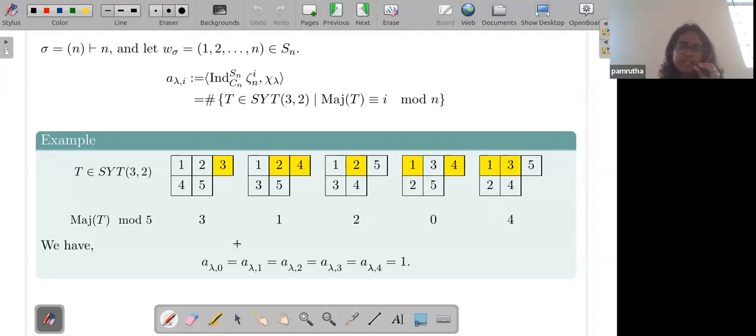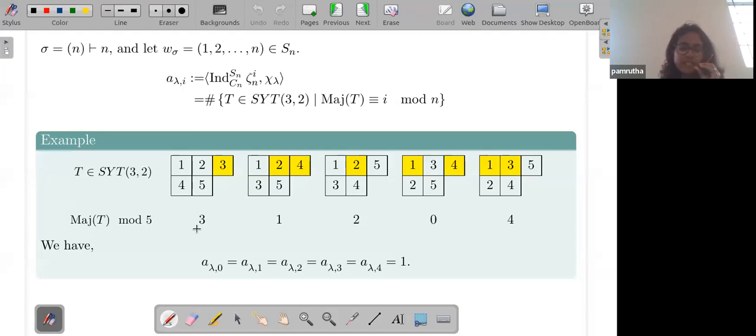Now, what it says is that a lambda I is the number of times I appears here. The number of times 3 appears is 1 time. So in this particular example, each number ranging from 0 to 4 appears 1 time.